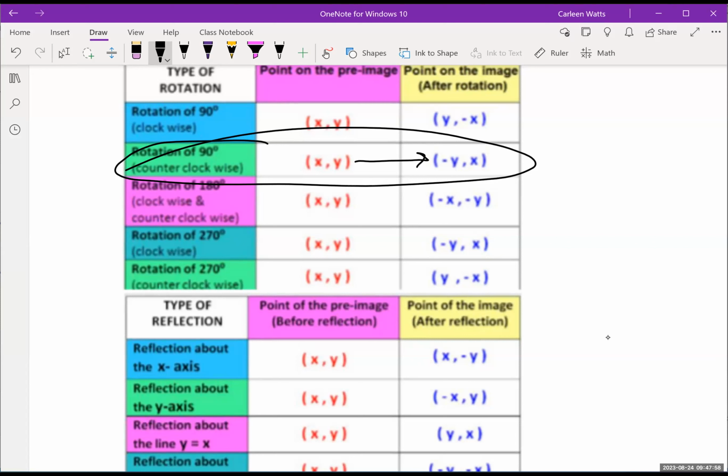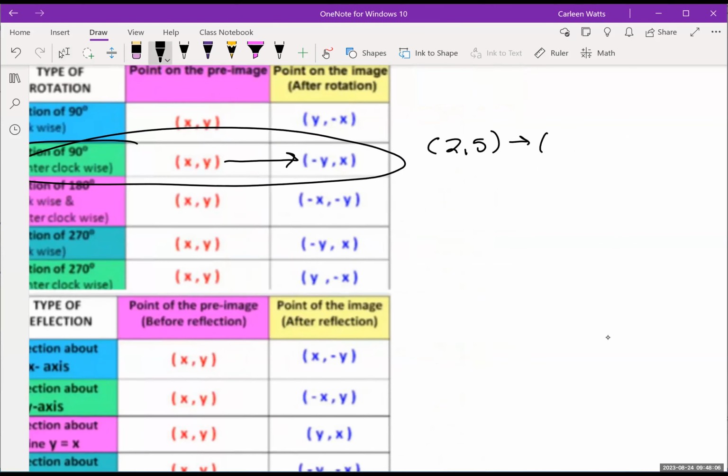Okay, so let's just do, what if this was (2, 5), and we were applying this rule? Can anyone take a guess? What would this rule do to (2, 5)? It would change it. Zoomers, can I have a guess?